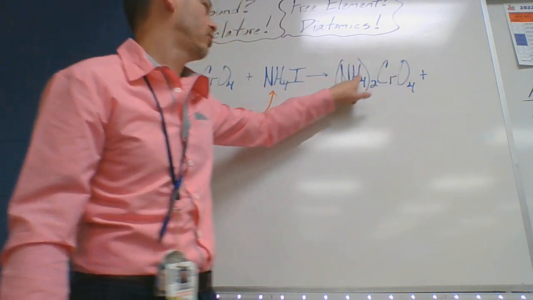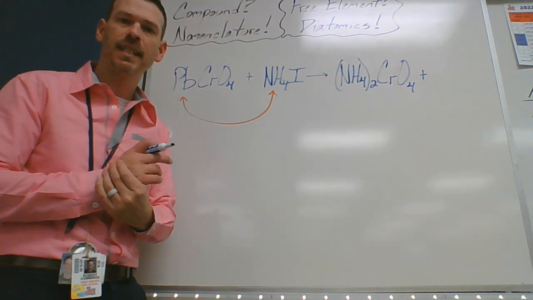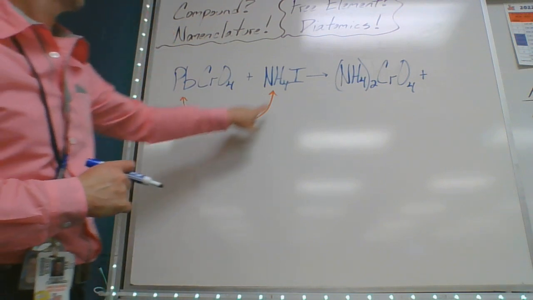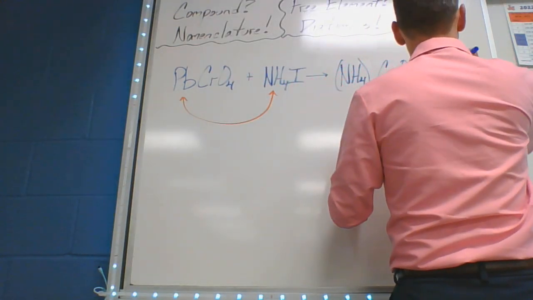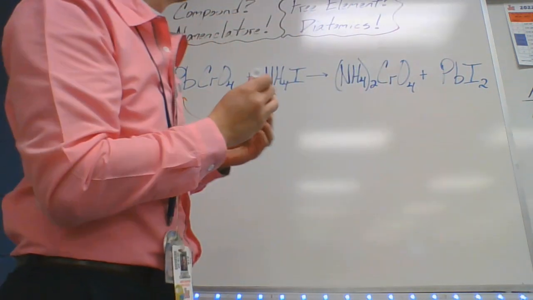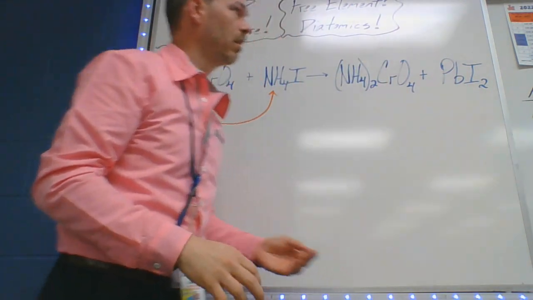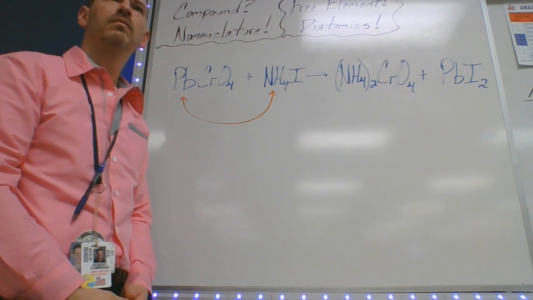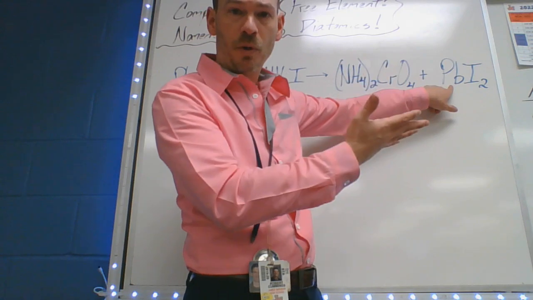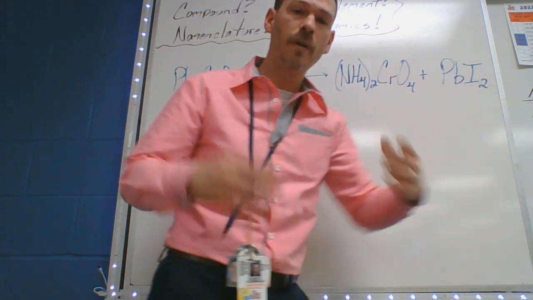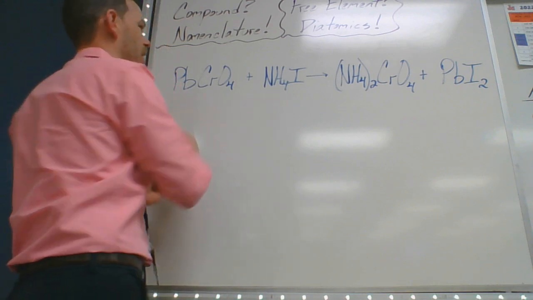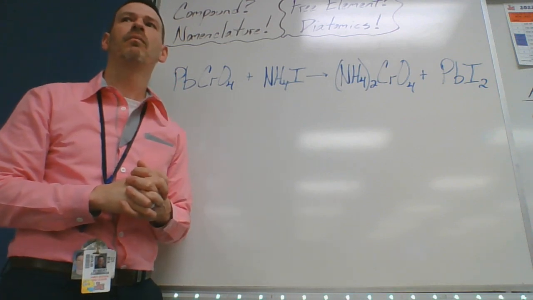I crossed chromate's 2 to ammonium and it got all parentheses on me. The lead wants to come over here and bond with iodine. We know it was lead 2 because of the Roman numeral it first gave us, so I crossed his 2 over. Iodine is -1. Any questions on that?